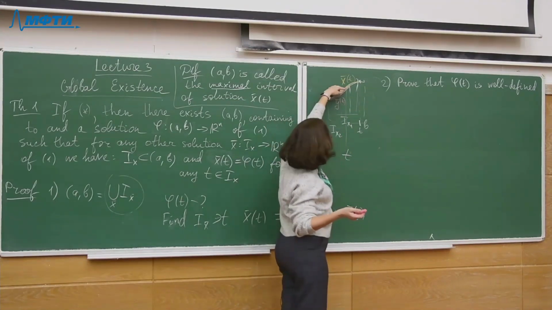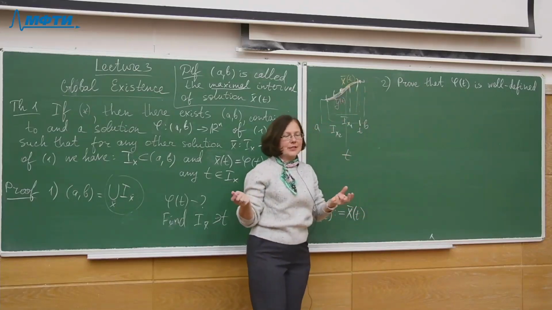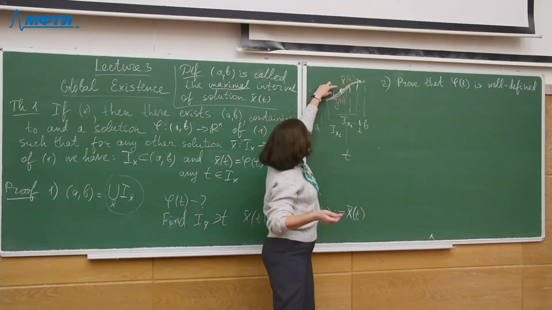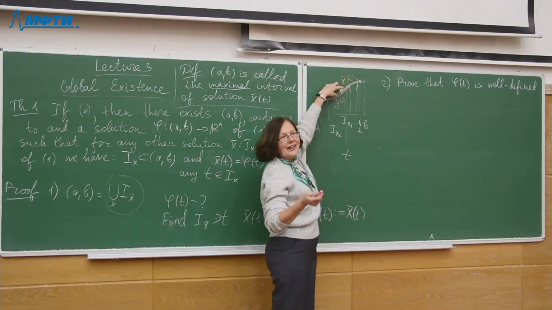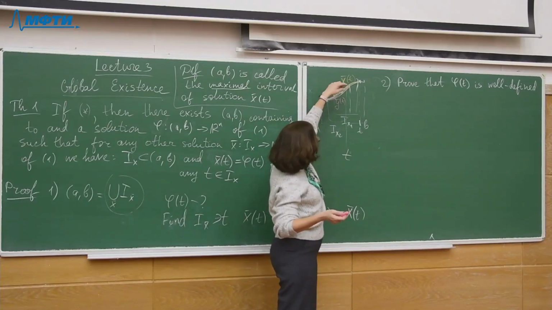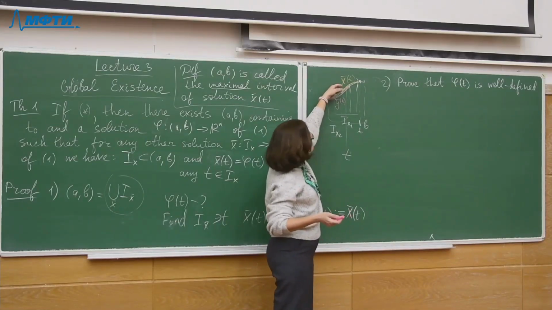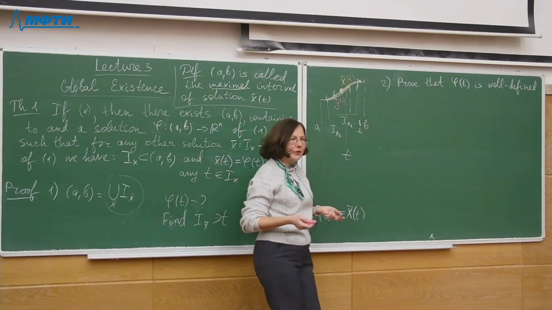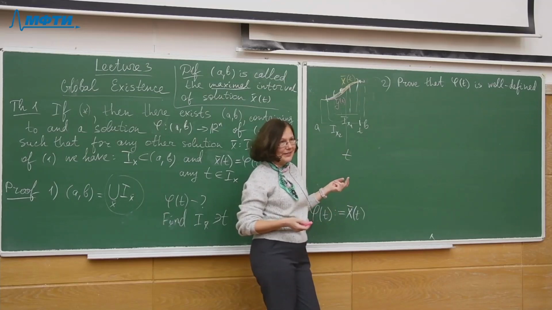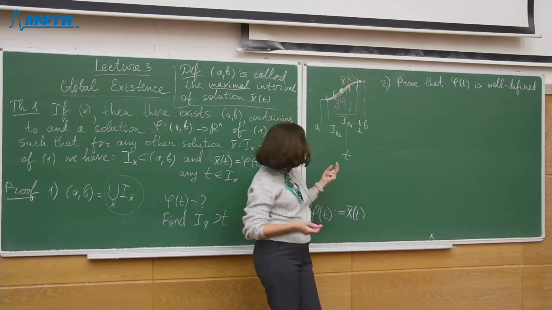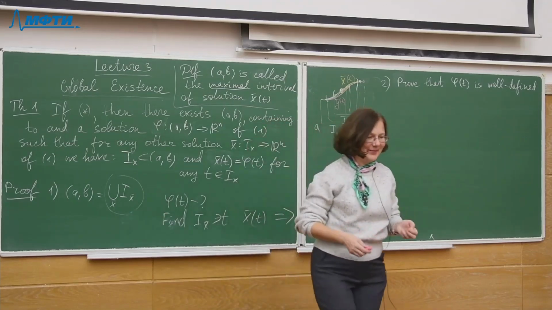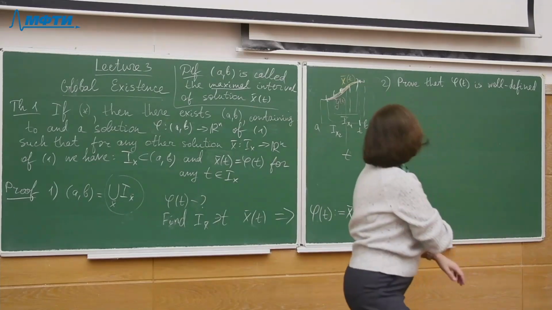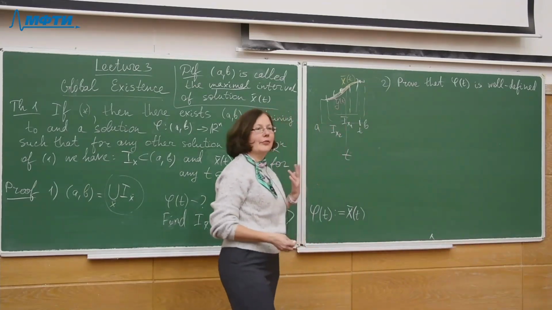But what about two intervals we can't compare? Maybe they coincide locally, and if we move far from this point, this will not be the case. Possibly this may happen. And so we should prove that phi of t is well defined.